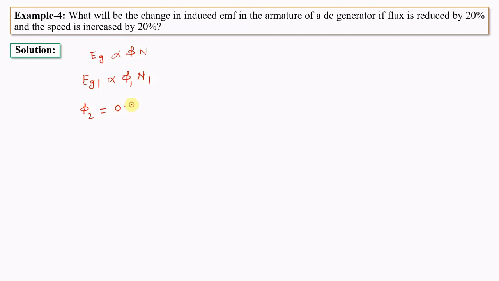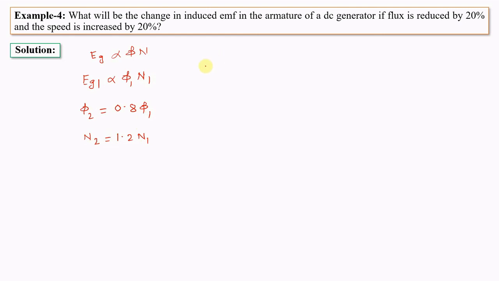So phi 2 will be equal to 0.8 of phi 1. And similarly, the speed is increased by 20%. So the speed in the second condition will be 20% more than the speed of the initial condition. It will be 1.2 of N1.